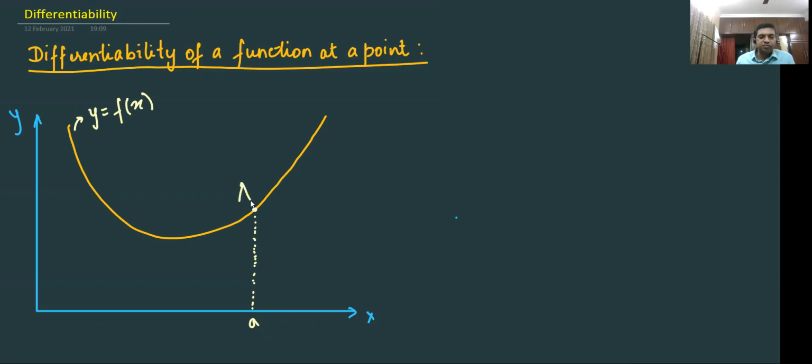So now let us mark this point with capital A, and then let us take two adjacent points at a distance of a minus h and a plus h from A. Let this point be B and let this point be C. So the coordinates of A will be a comma f of a.